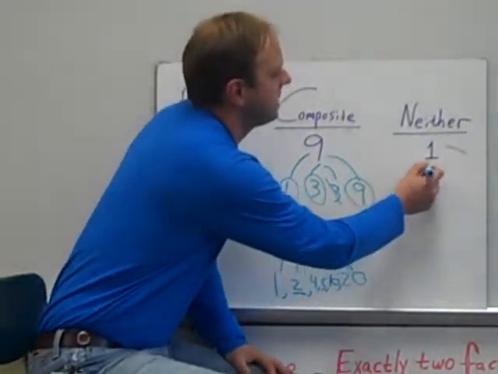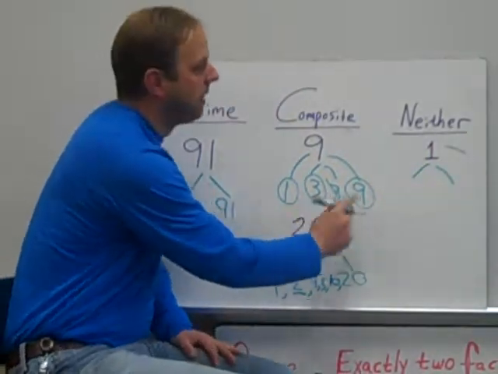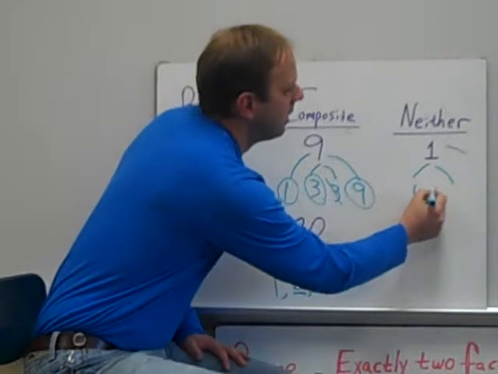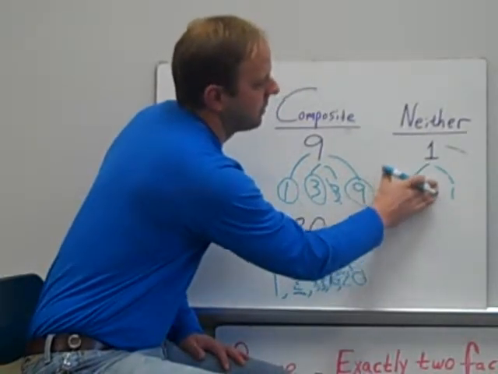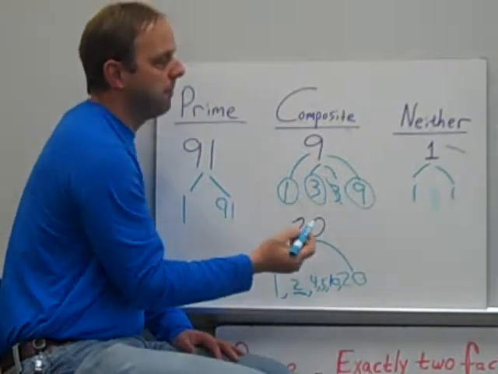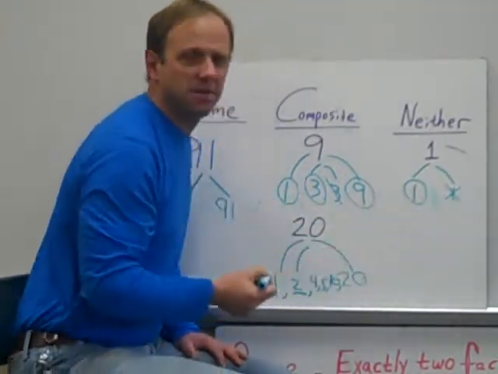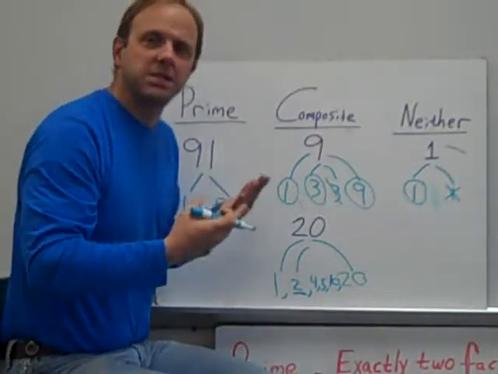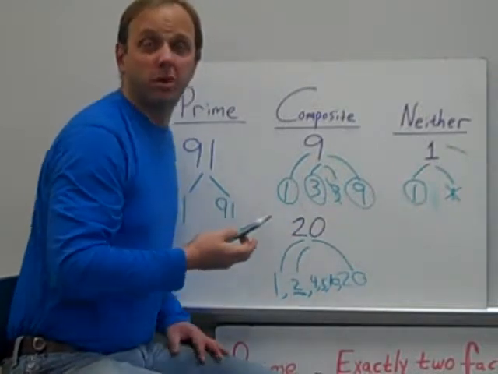Now again, to see the doubles fact, similar to the number 9: 1 times 1 gives us 1. Now I'm not going to put the multiplication symbol there. That means that we have this factor, but we don't count this as a second factor because it's the exact same number. So again, the number 1 only has 1 factor.